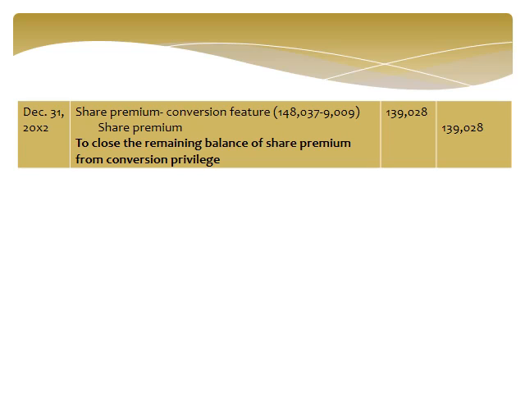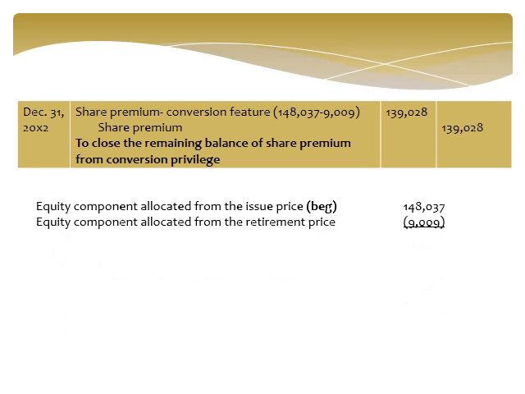Again, to close the remaining balance of share premium from conversion privilege, the equity component allocated from the issue price, yung beginning, 148037. Pag kinonvert ni bondholders yung liability, makakancel lang yung 148037. Pero pag hindi niya kinonvert, mare-retire lang si bonds.